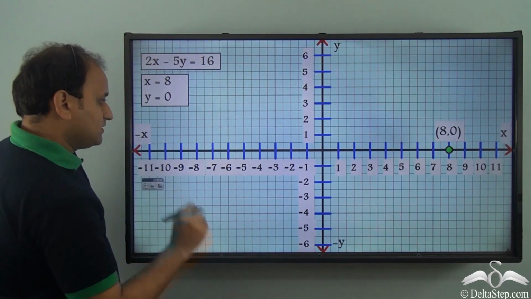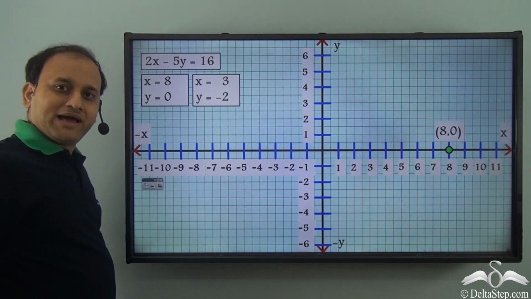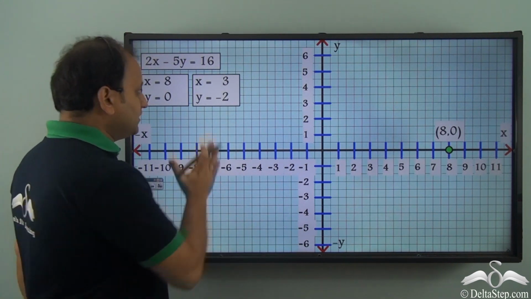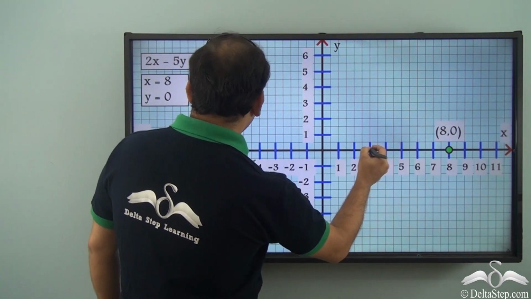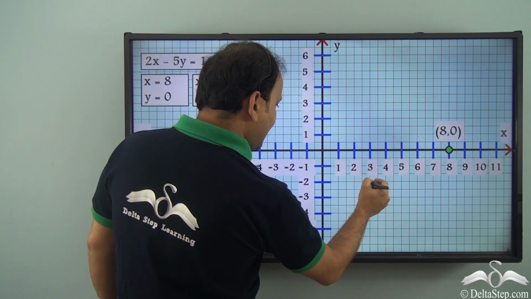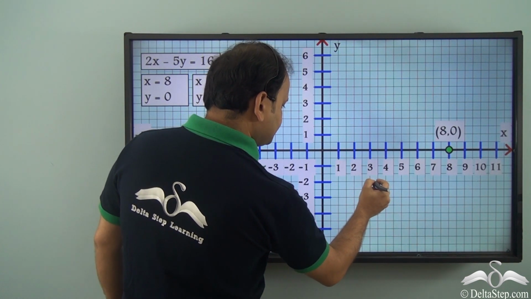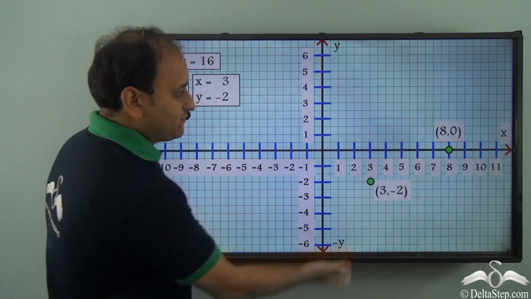Now let's move to the next one. x is equal to 3, y is equal to minus 2. So here when x is 3, so we have x, this is 3, and then y is minus 2. So we'll have to move to the negative side and this will be the point, right? So this is the next point which we have.